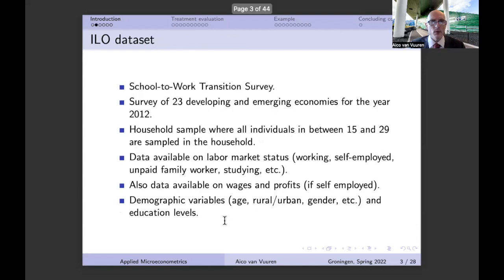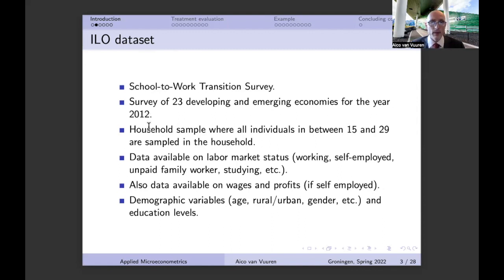Well, then a little bit more about the data set that we're going to use during our assignments. That's called the School to Work Transition Survey. It's a survey of 23 developing and emerging economies for the year 2012. And the idea is that, as the name already indicates, it is going to look at young individuals that go from school towards work.